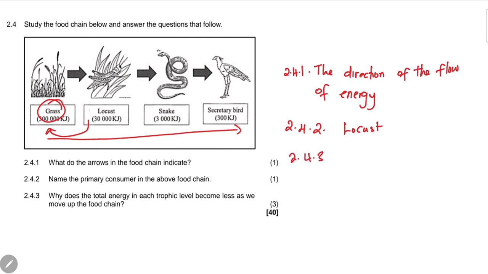2.4.3. Why does the total energy in each trophic level become less as we move up the food chain? I think you can see that as we are moving up, the energy is decreasing. The question is why?